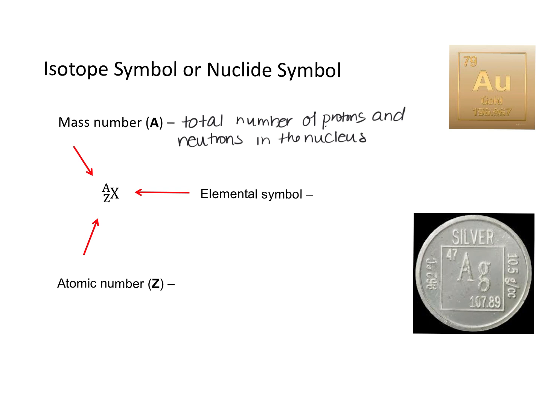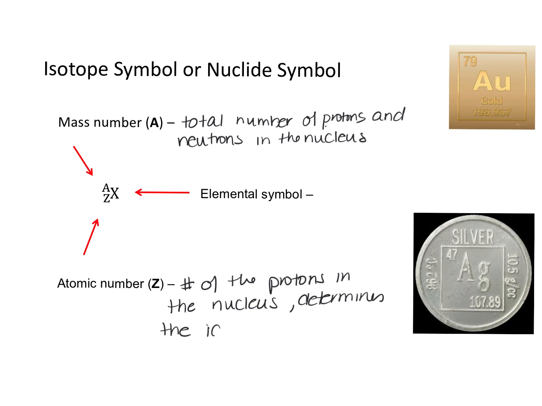Now, the bottom number is the atomic number, and this is the number of protons in the nucleus. It determines the identity of the element. Right? And it's also found on the periodic table.